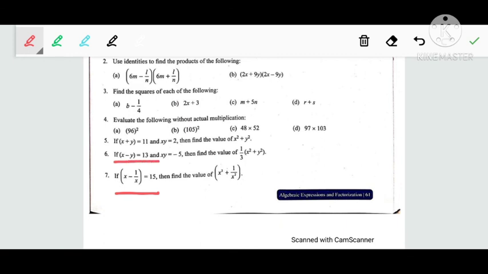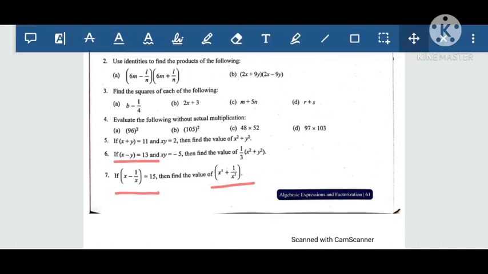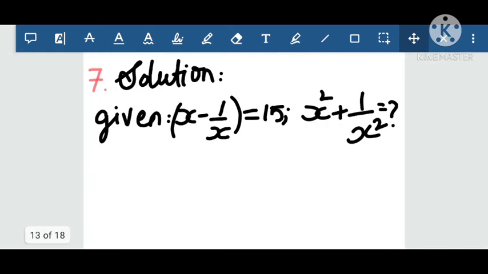The given value is x minus 1 by x is equal to 15.